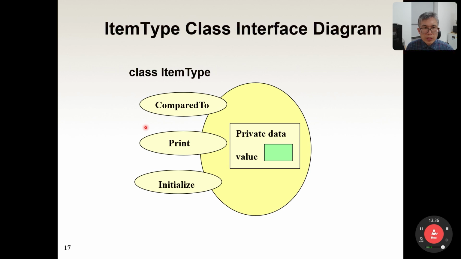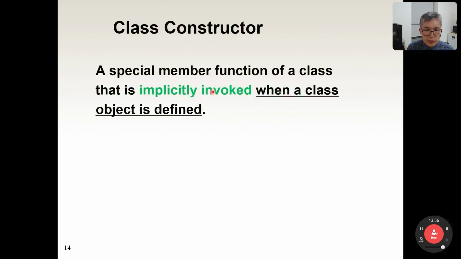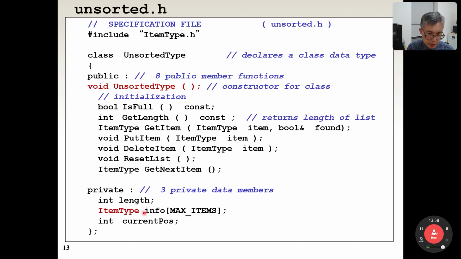Let's move on. The ItemType class interface diagram is this one. We have private data for the list, this node. The list, ItemType, we saw, right? So the list item info.